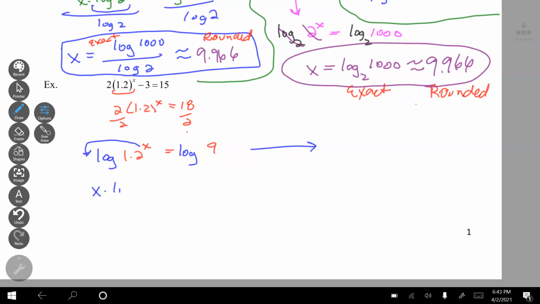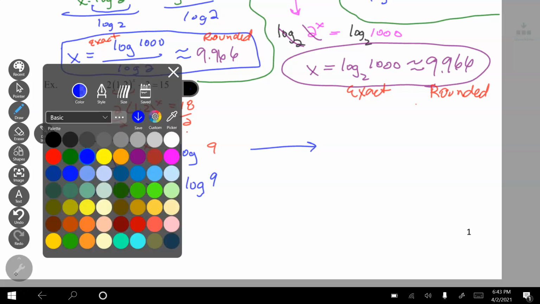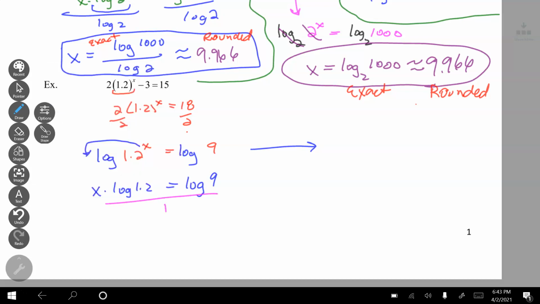I have x times log of 1.2 is equal to log of 9. And then I could just divide by this log of 1.2. I get x is equal to log of 9 over log of 1.2. That is my exact solution.